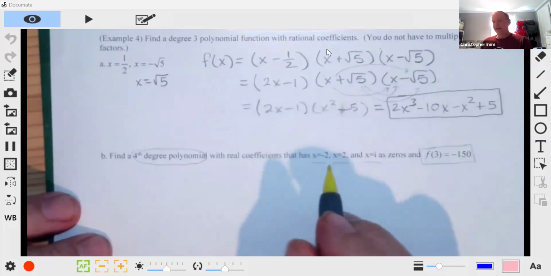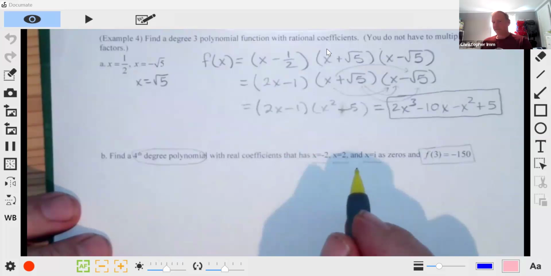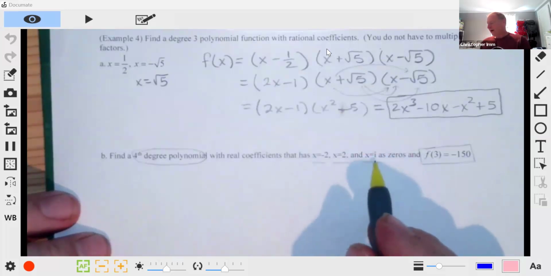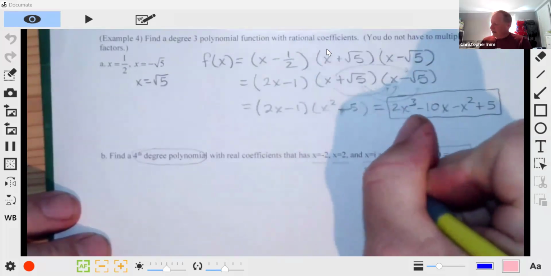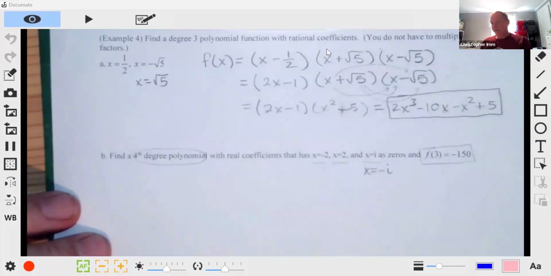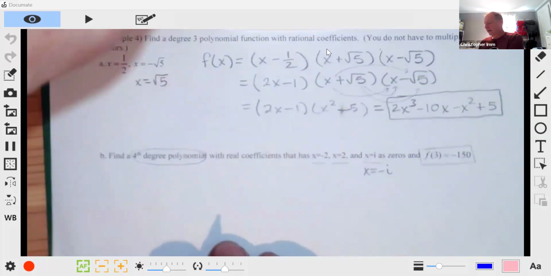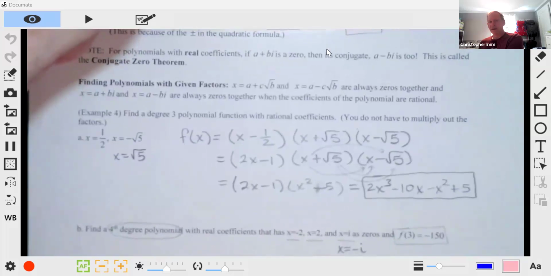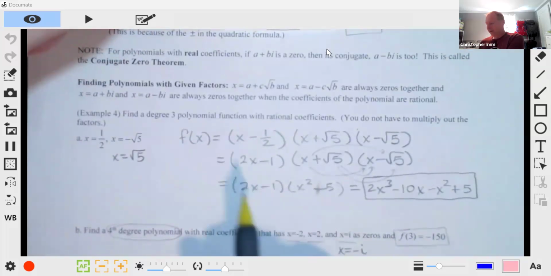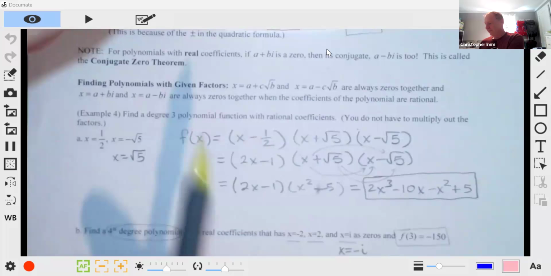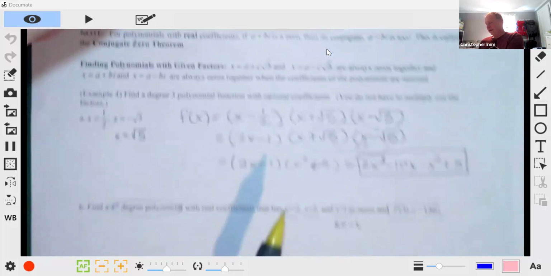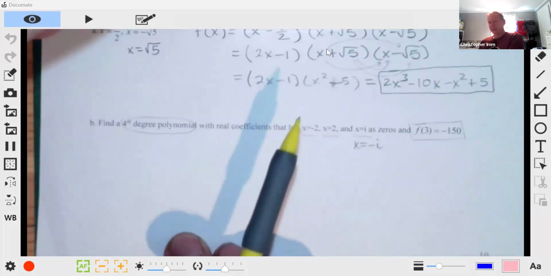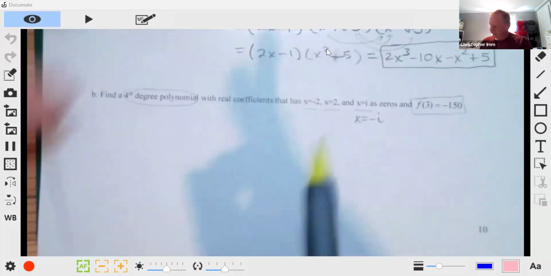So let's go ahead and construct this polynomial first. I want you to notice that if i is a 0, then negative i is going to be a 0 as well because of that conjugate zero theorem up here. So if we have plus i as a 0, then negative i is a 0 from that theorem or the quadratic formula.